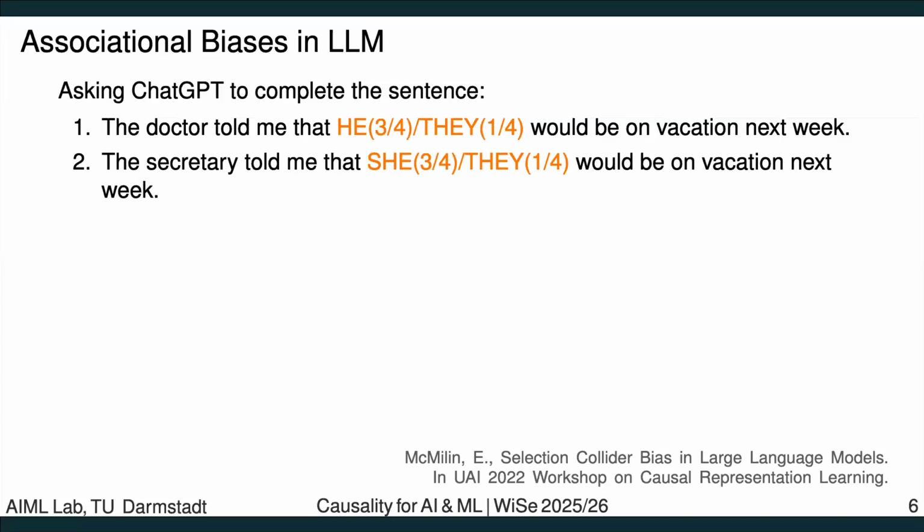These models have learned from the data this bias that a doctor is usually male and a secretary usually female or woman. And so you get these biases, whereas from a really objective, neutral perspective, there should be no differences in the gender, right? Whoever it is, everyone can become a doctor, everyone can become a secretary.